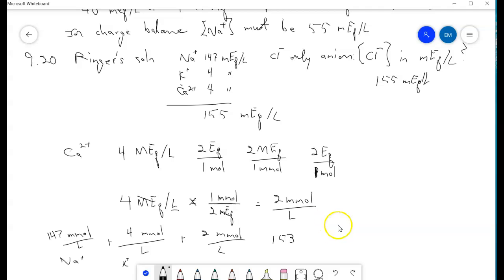Let's finish that up. Millimoles per liter total cation. And you have 155 milliequivalents per liter total cation.